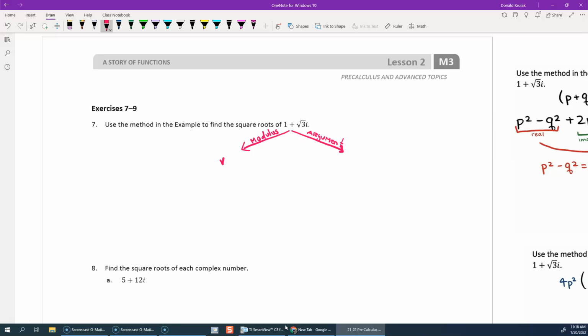Okay, so this would be the square root of 1 plus the square root of 3 squared. This would be the arctan of b over a.